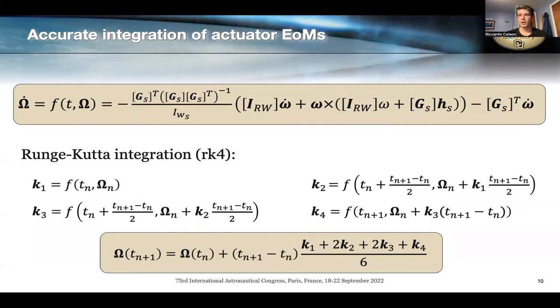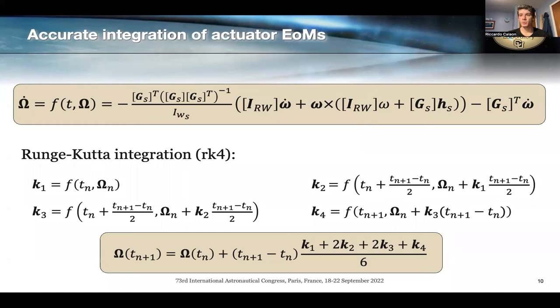What is not known a priori is the equations of motion or the trajectory of the reaction wheels. The only information that we have in the beginning is omega 0, so the initial wheel speeds. But at that point, the speeds of the reaction wheels need to be integrated. So knowing omega dot as a function of time allows to accurately integrate the wheel's equations of motion.